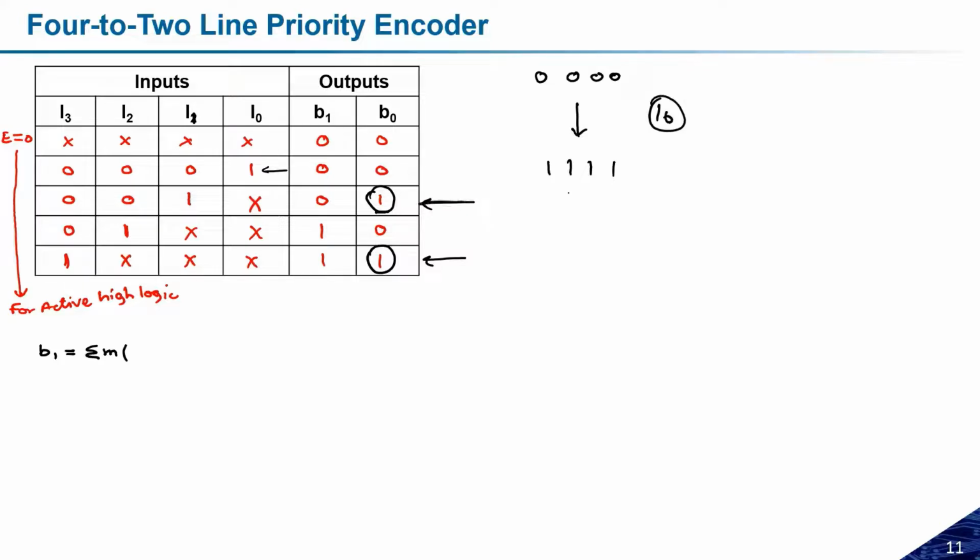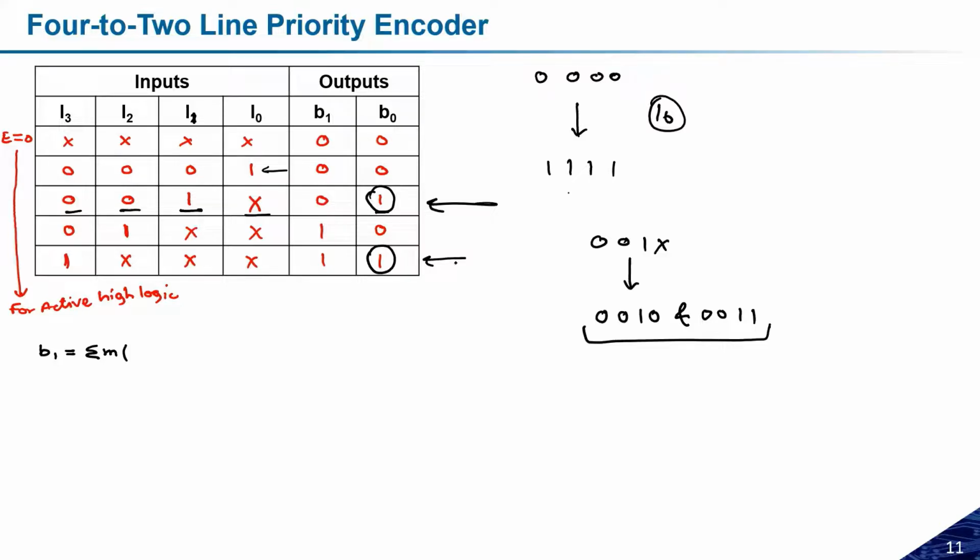Now in this case, B0 will be high for 0, 0, 1 cross. 0, 0, 1 cross means the possibilities could be 0, 0, 1, 0 and 0, 0, 1, 1. So these two are possible in the first case.